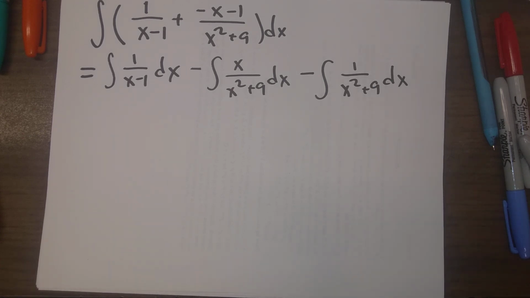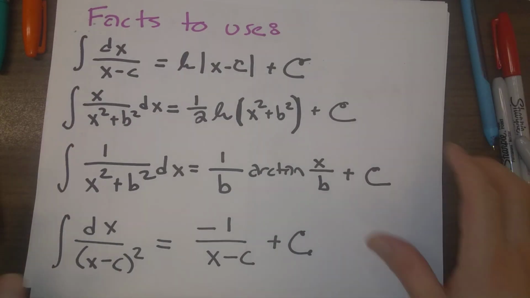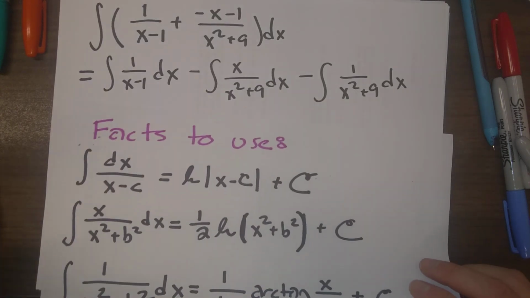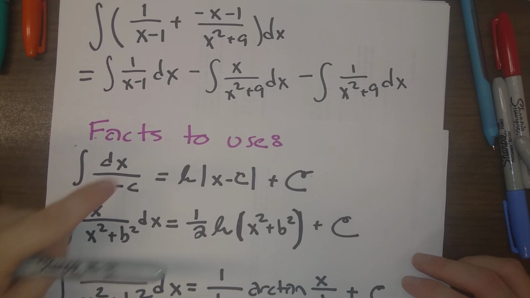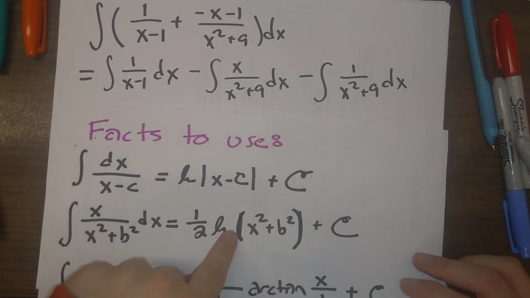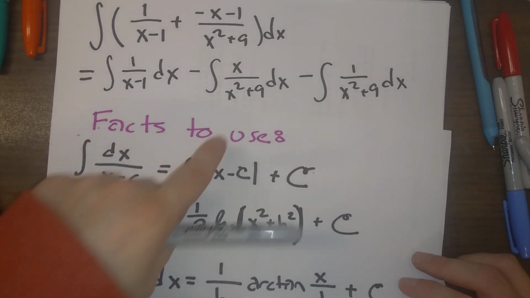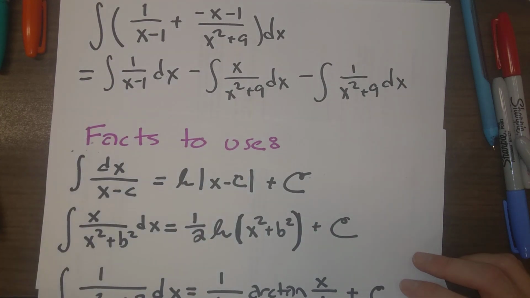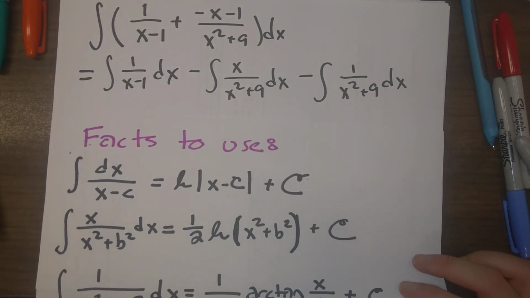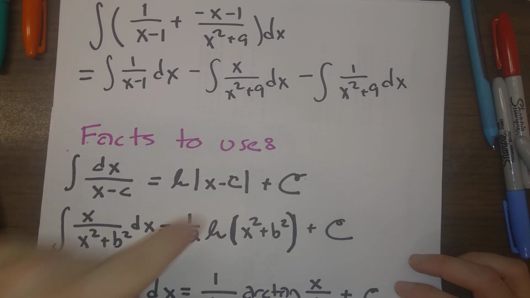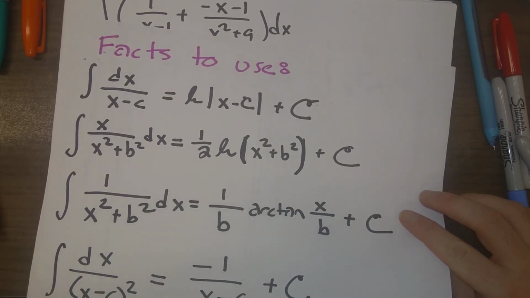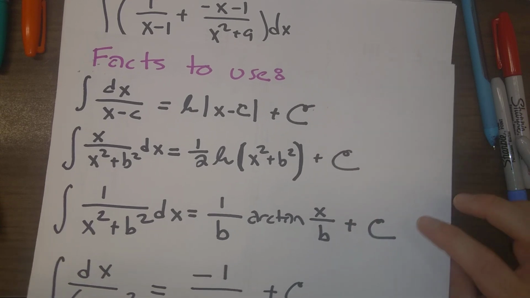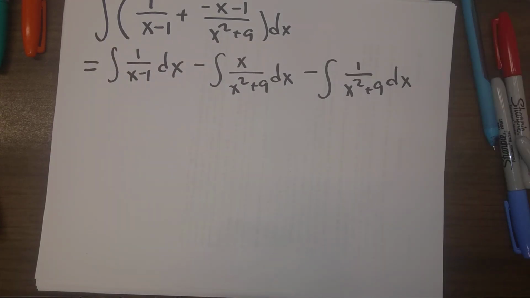Let's revisit the sheet of facts to use. The first case is this case here, so that's easy. The second one is this case here, and we're just going to do it by substitution: u equals x squared plus 9 will give you this. And the last one is an arctangent, so you can do that from the arctangent formulas.